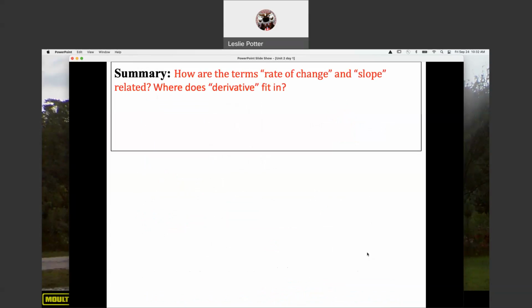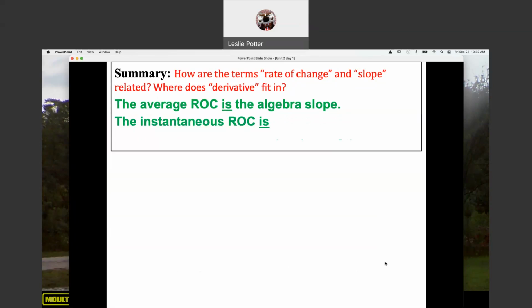How are the terms rate of change and slope related? And where does the word derivative fit in? So tell me what derivative means. Perfect. Slope of the tangent line. So we know that we have an average rate of change, and that is the algebra slope. We know we have instantaneous rate of change, and that is the slope of the tangent.